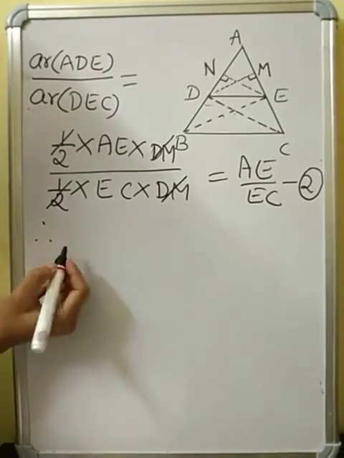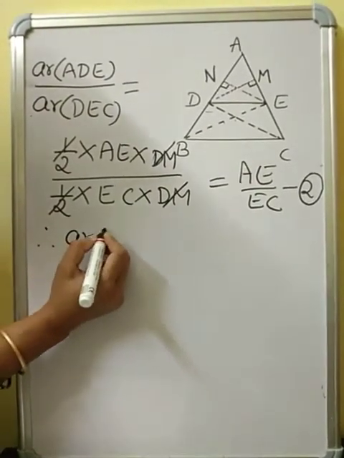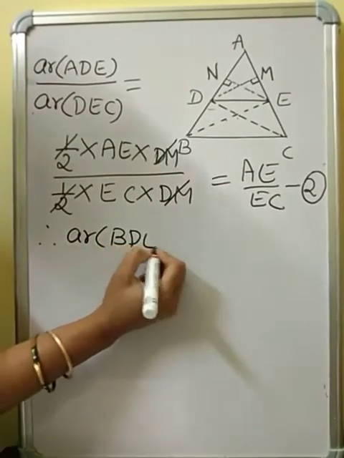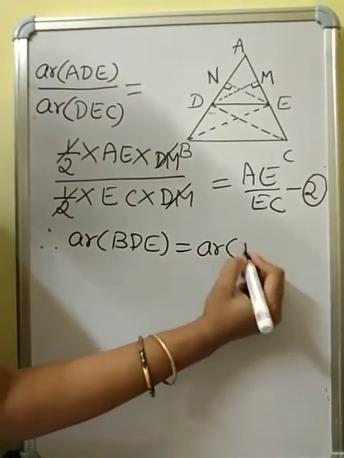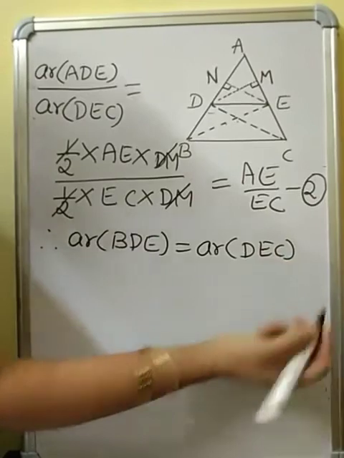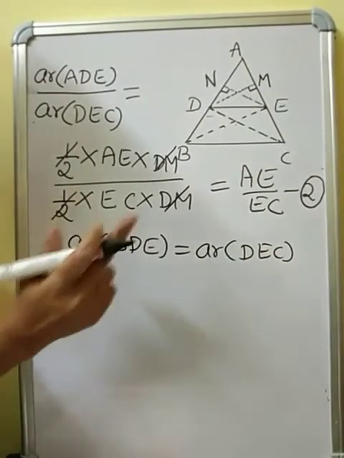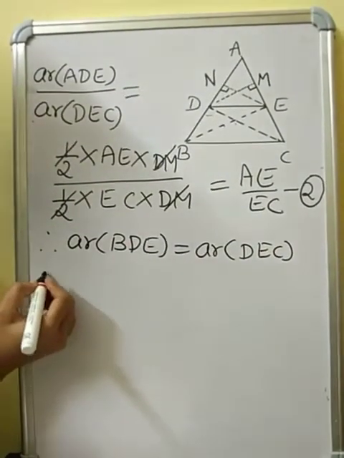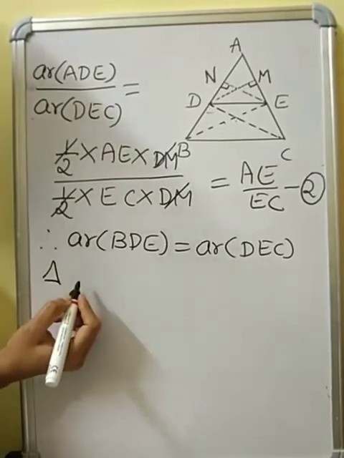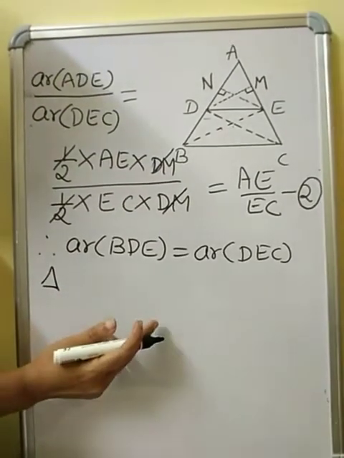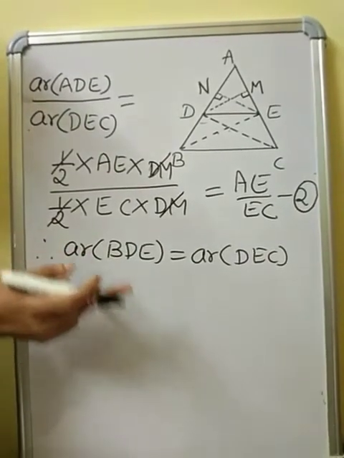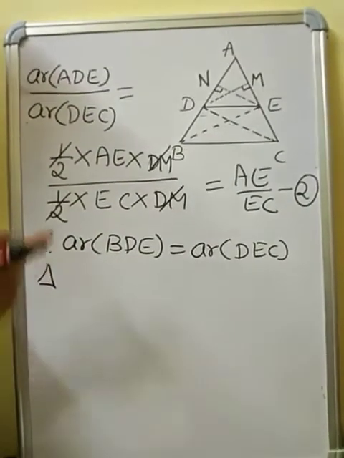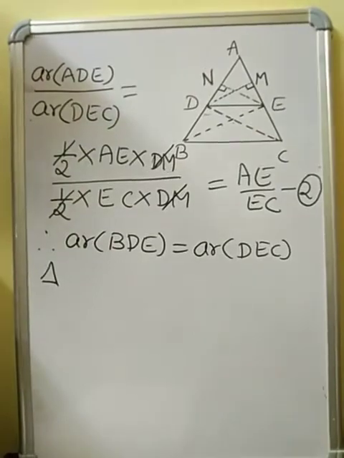Therefore, I am going to write now area of triangle BDE is equal to area of DEC. Now what is the reason here? Last year you have studied that if two triangles are lying on the same base and between the same parallels, their areas are equal. So we are applying this here.